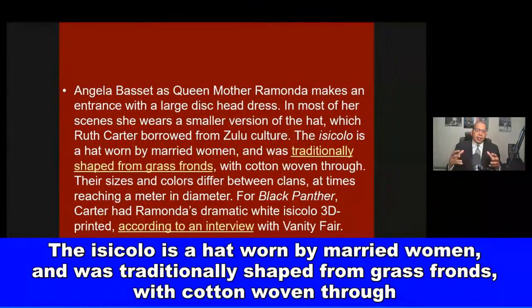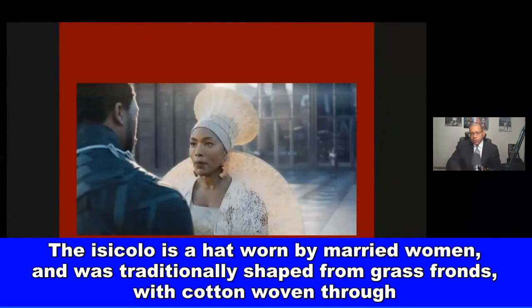Their sizes and colors differ between clans, at times reaching a meter in diameter. For Black Panther, Ruth Carter had Ramonda's dramatic white isikolo 3D printed, according to an interview with Vanity Fair. And here's a picture of her with the isikolo right here.